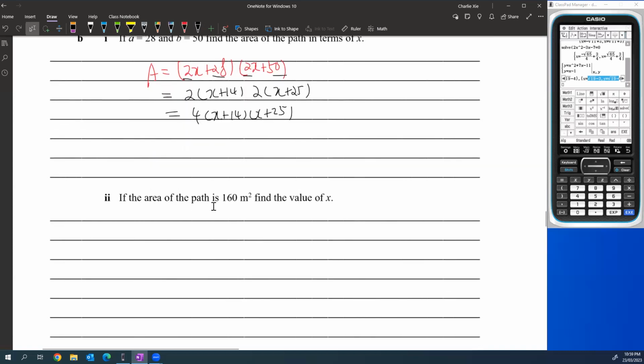Okay, next one. If the area of the path is 160 square meters, find the value of x. So area becomes 160, that equals 4 bracket x plus 14 and x plus 25. Okay, now simplify. 160 divided by 4 gives you 40.